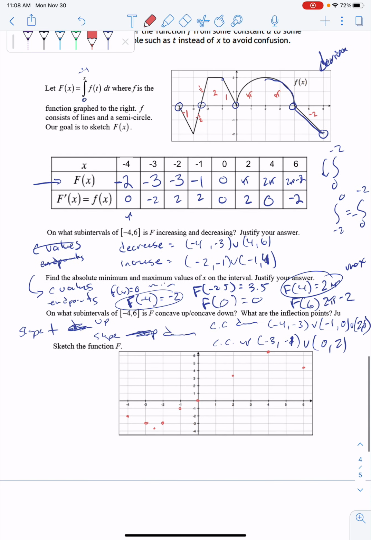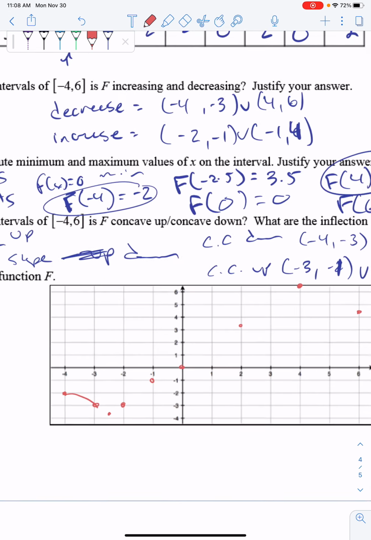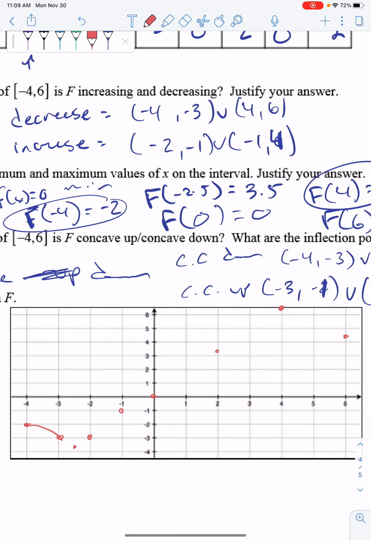Now, I also know that from -4 to -3, I'm concave down. So if I zoom in a little bit, I'm concave down right here. And then from -3 to -1, I'm concave up. So right here, I'm concave up.